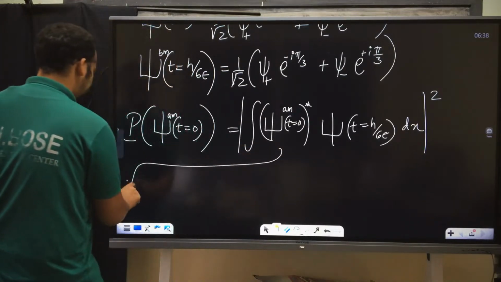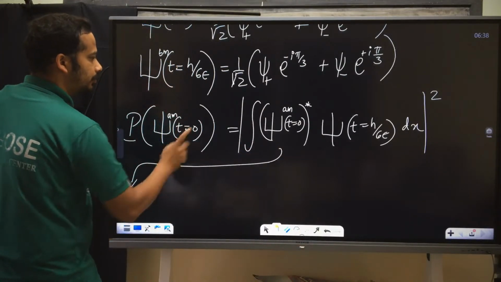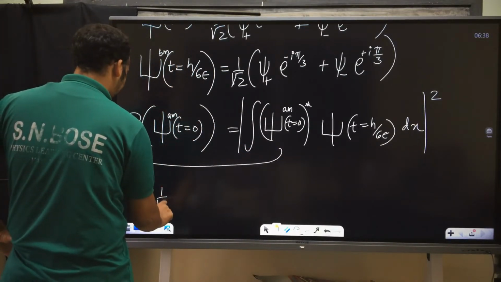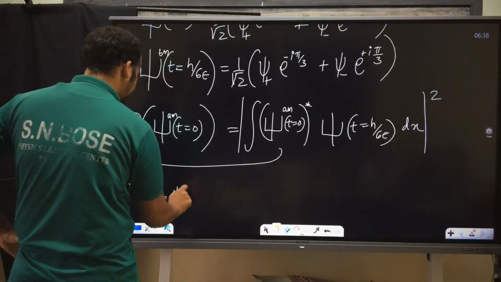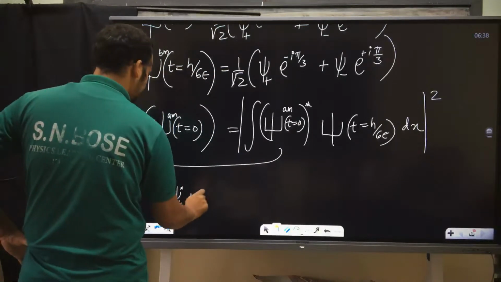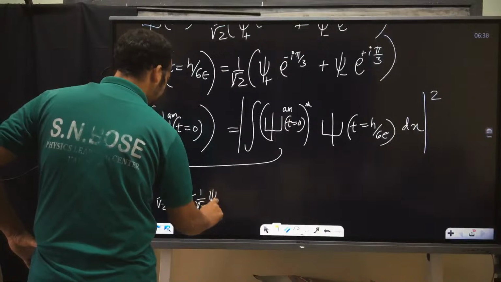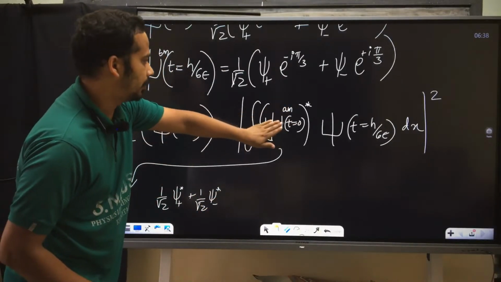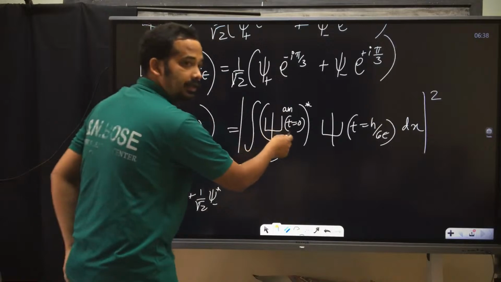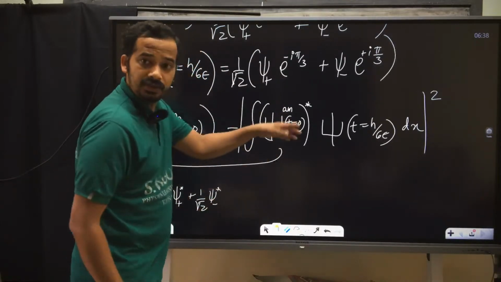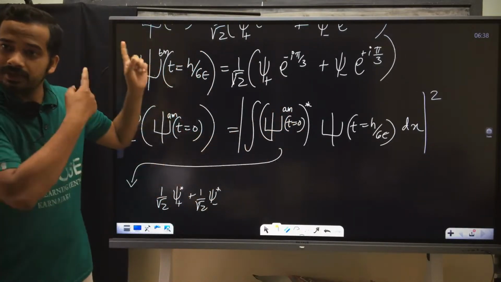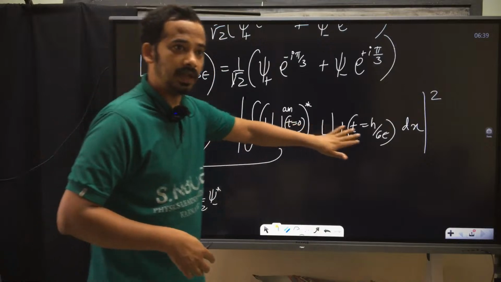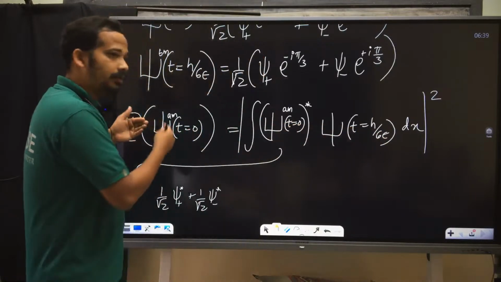Okay, I'll do this integral here. What is this one? 1 by root 2 psi plus star plus 1 by root 2 psi minus star. The state we call after measurement is the initial state. Initial state means with respect to time. This is the state after the measurement because he is asking the probability of getting this state.